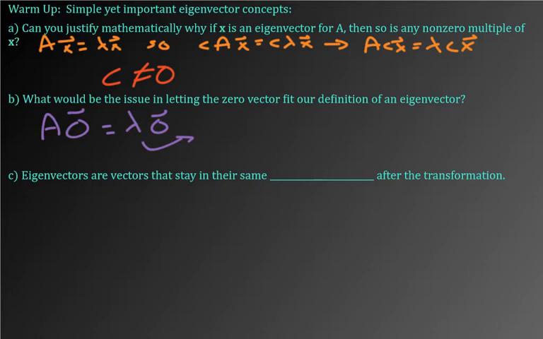One thing I want you to see is that this would imply there exist infinitely many lambdas, because any number you put in here makes this true. You don't really see why that's a problem until you learn about spectral decomposition. There are things down the road in linear algebra where having infinitely many eigenvalues would throw off some important results.